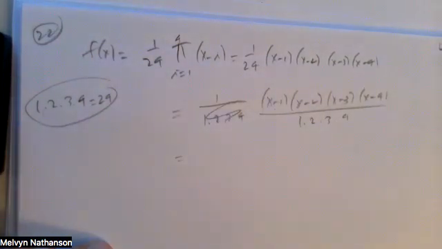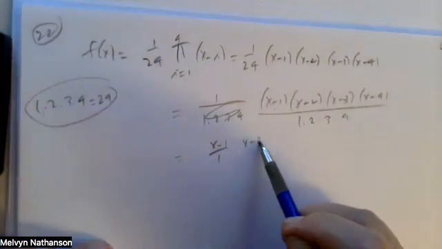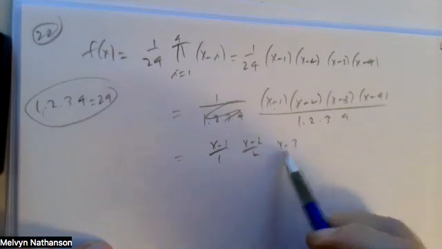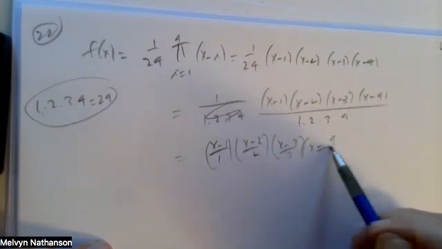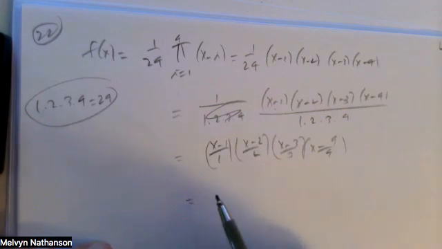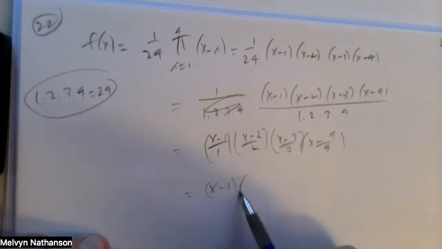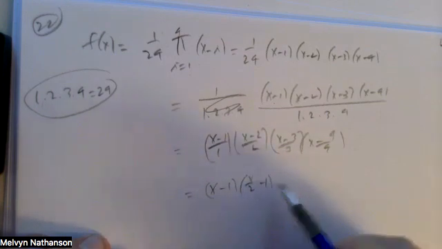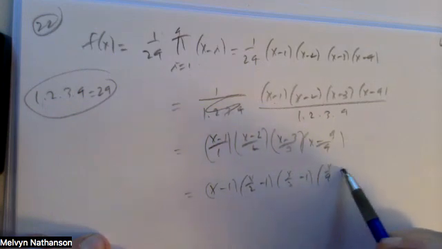That's the same thing, which is the same as x minus 1 over 1 times x minus 2 over 2 times x minus 3 over 3 times x minus 4 over 4. Which is the same as x minus 1, x over 2 minus 1, x over 3 minus 1, x over 4 minus 1.